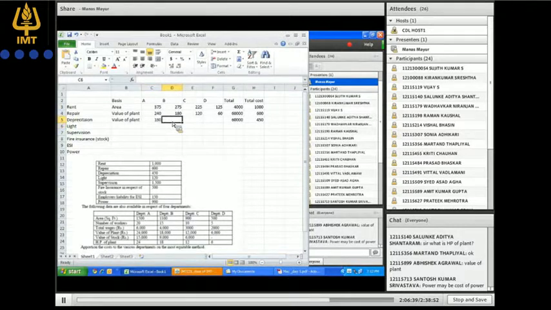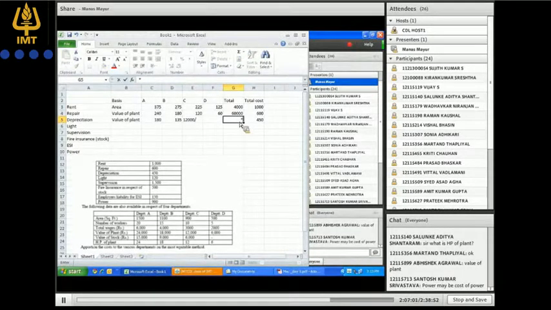For B, 18,000 divided by the total value.